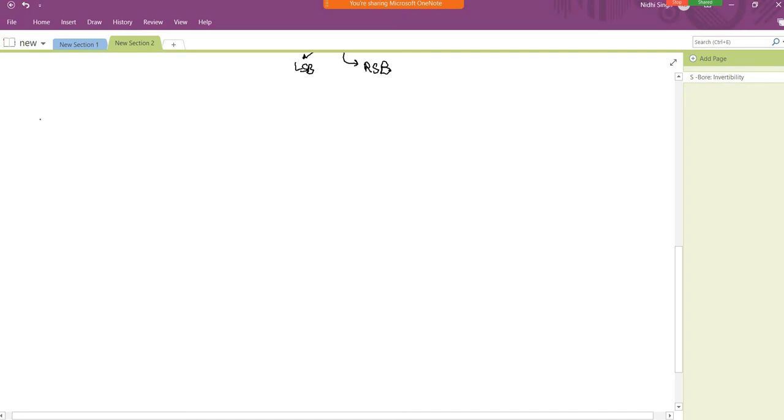Now another example. Suppose my number of bits in the input and number of bits in the output are the same. So I am using this table with an S box of 3 cross 3. 3 is the number of bits in the input and in the output. From the 3 bits, I am using the first bit as LSB and the 2 bits will be RSB.